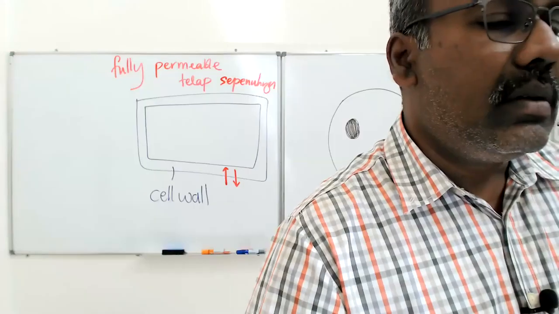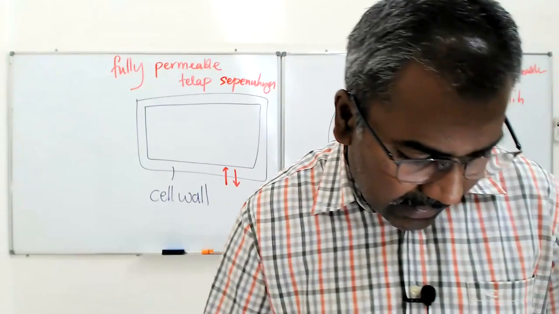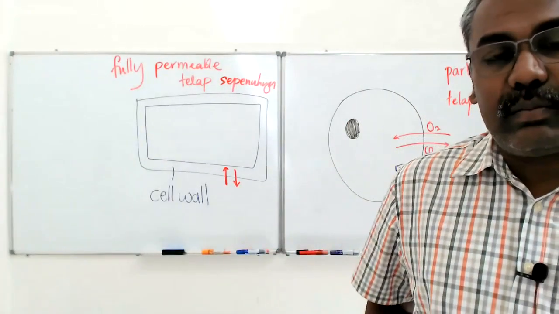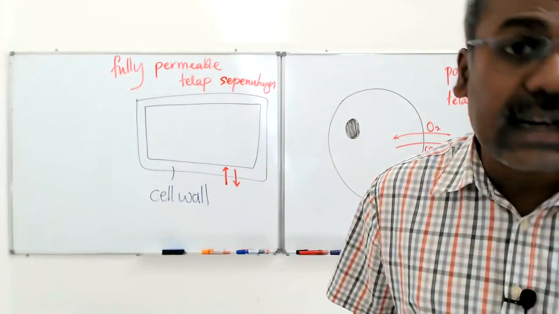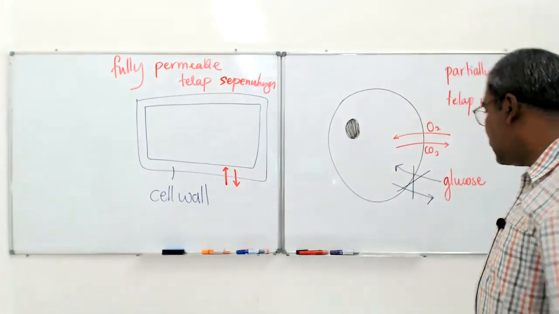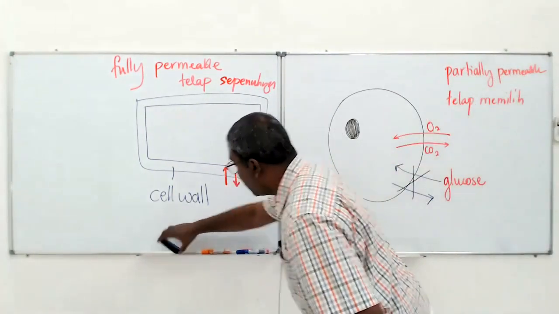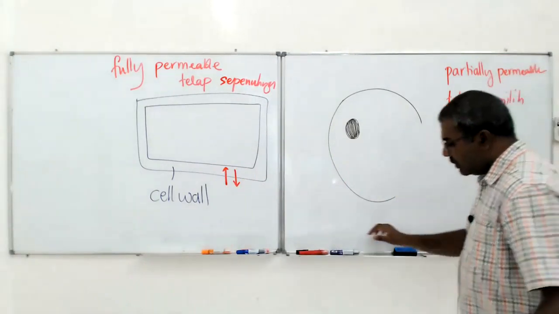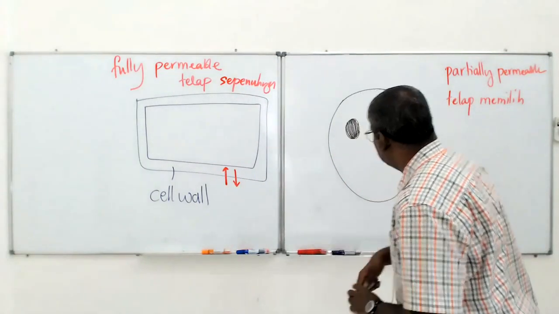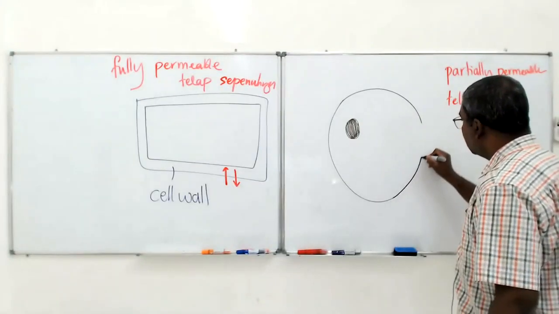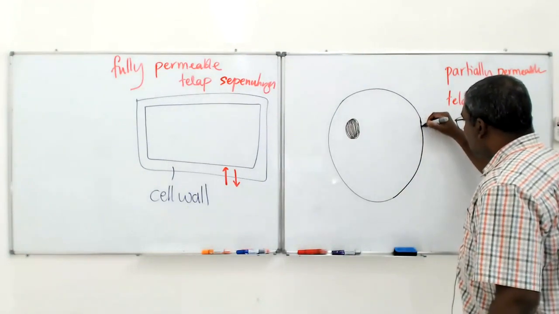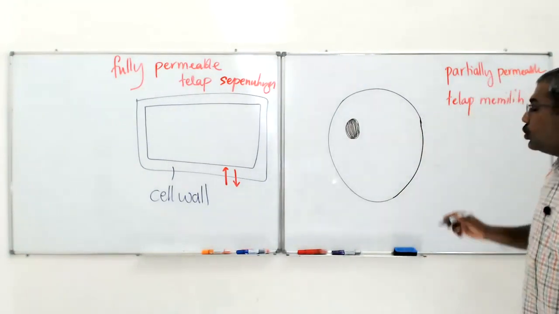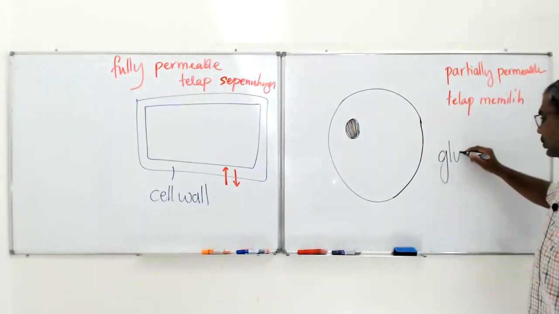Okay, let's see. So yang pertama dia kata apa? Allow exchange of nutrients, membenarkan pertukaran nutrien. For example, contoh nutrien, glucose. Simple one lah, glucose.